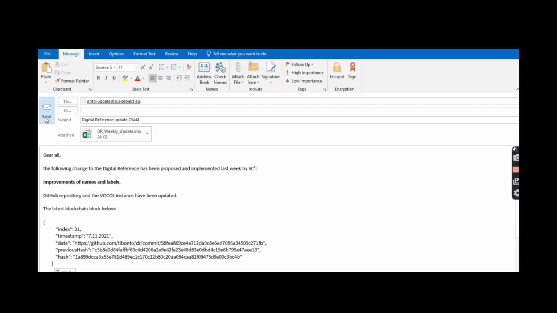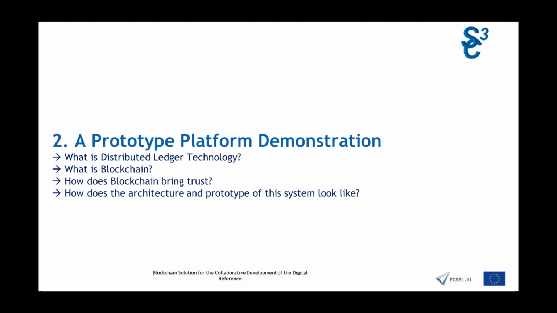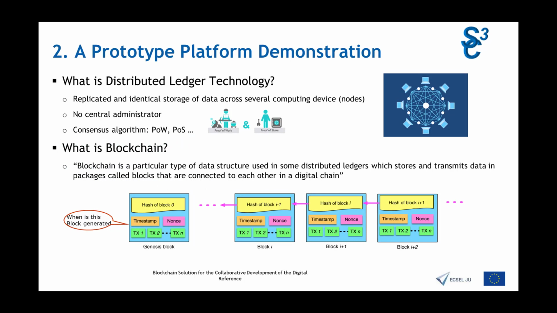Once the digital reference is updated, we create a new hash of the ontology and send it around to all stakeholders. This solution is time-consuming and prone to human error. This is why we propose the following solution that relies on an automated approach using distributed ledger technology to install trust and allow updates for the ontology.